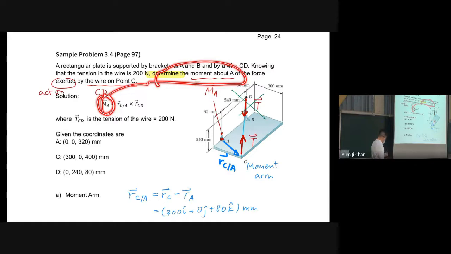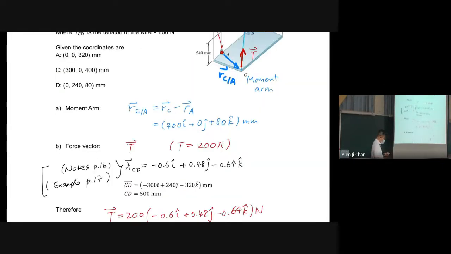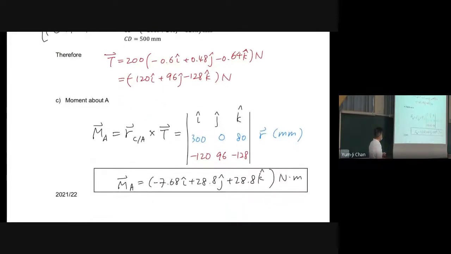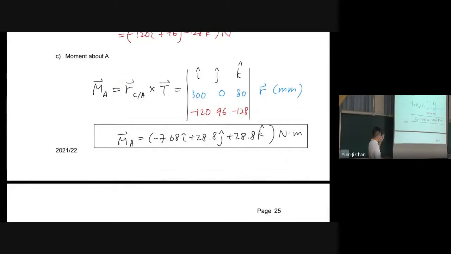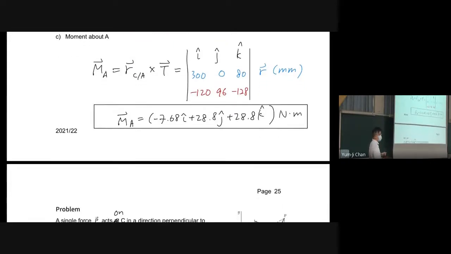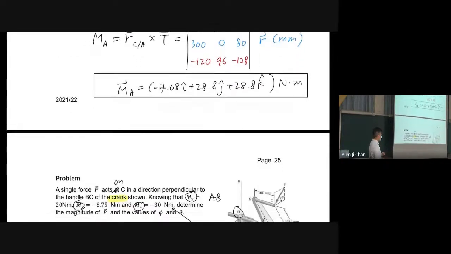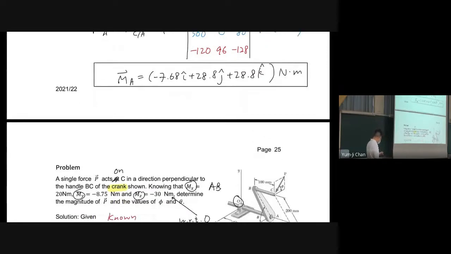So you write down your moment arm and then your force, and lastly you will get the moment. This is the first sample problem, and you can read it on the YouTube video if you want to copy this.